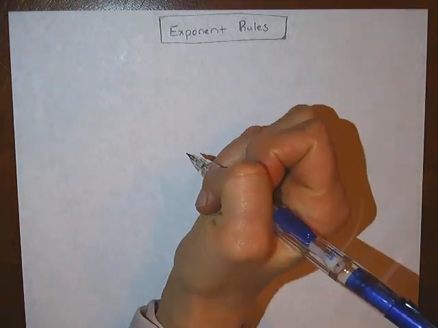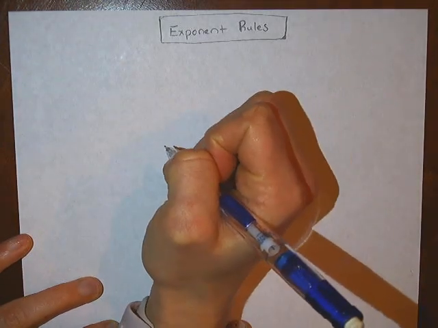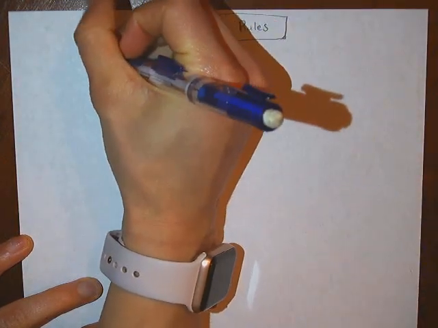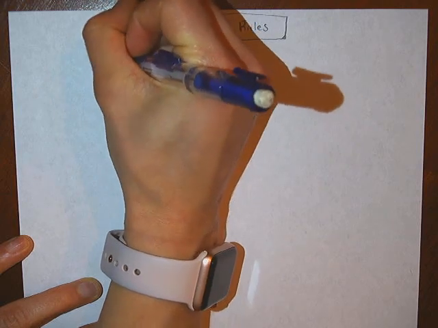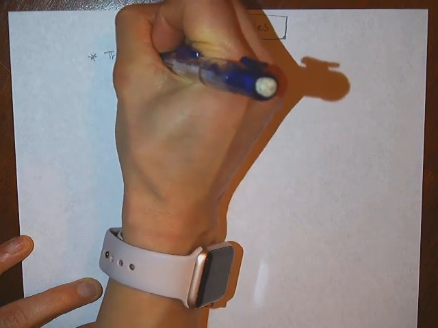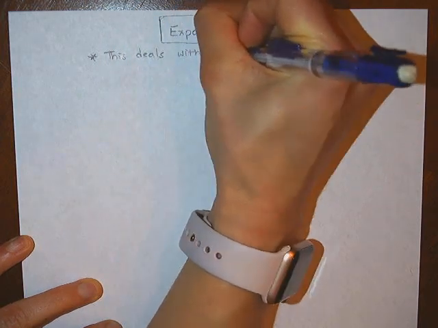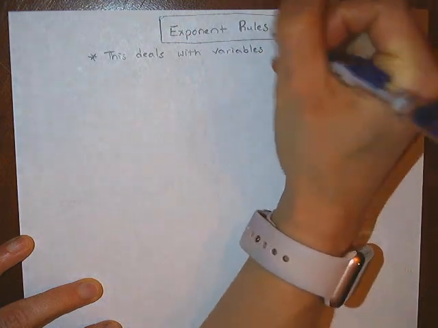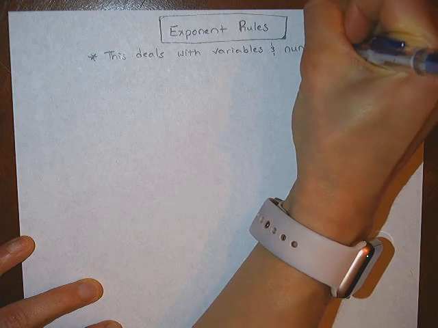So exponent rules. The thing you need to remember about exponent rules is this deals with variables and numbers that have exponents with them, and their exponents, when you're multiplying and dividing them.